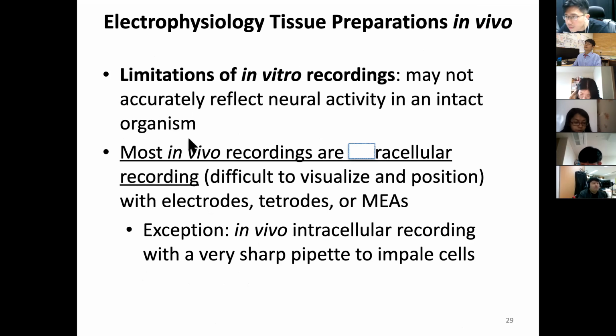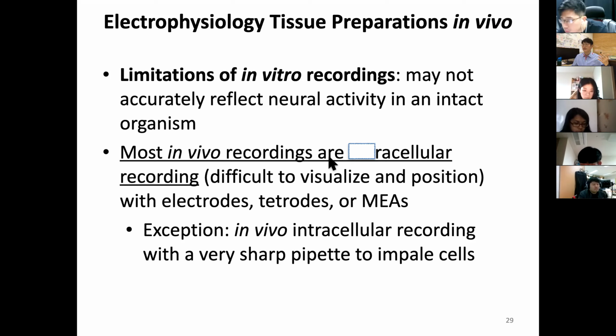Okay, in vivo study. So far I talked about in vitro recording, but it may not accurately reflect the neural activity in an intact organism, which is ultimately our interest. But it's very difficult to do in vivo recording.